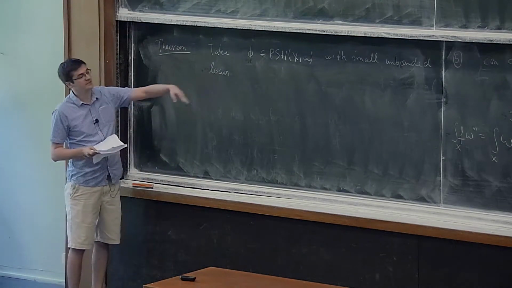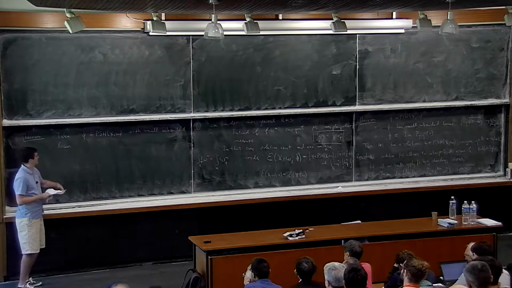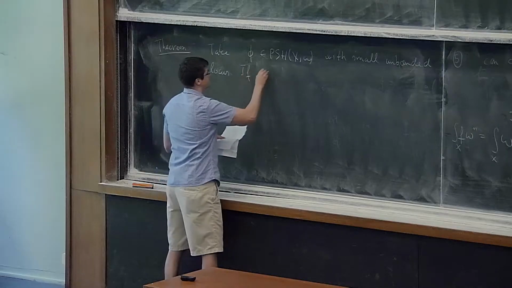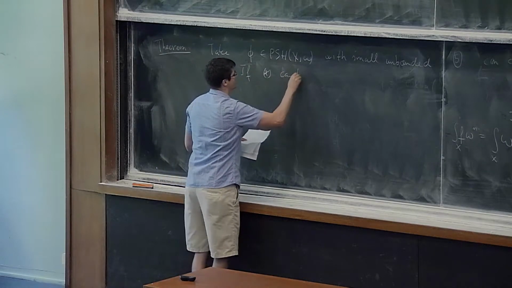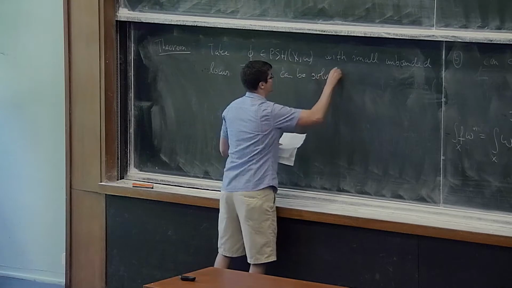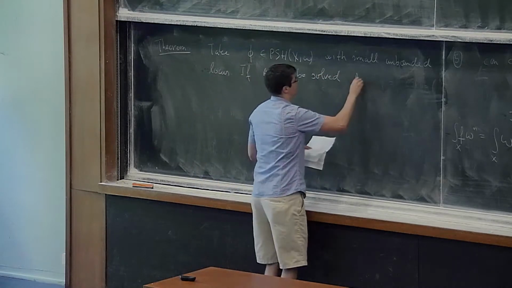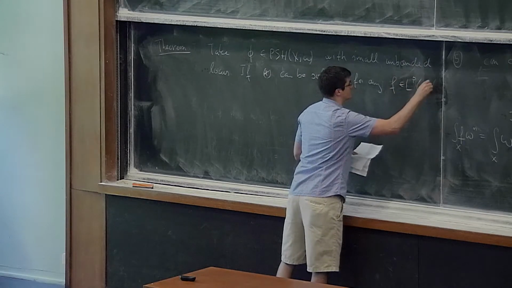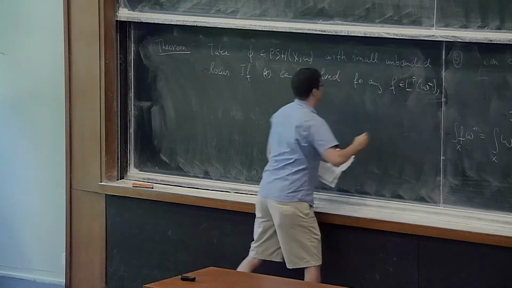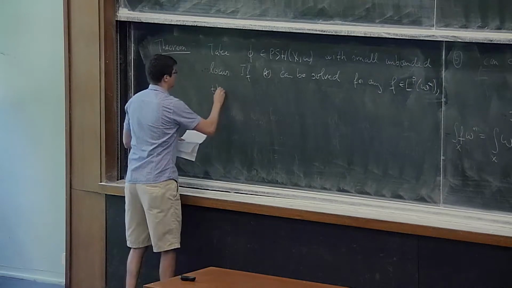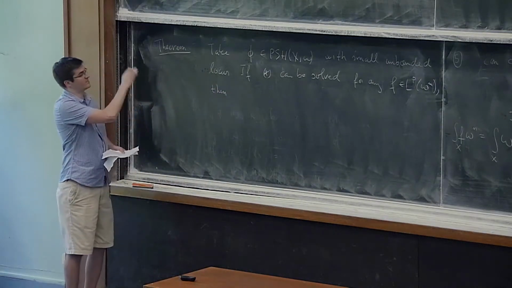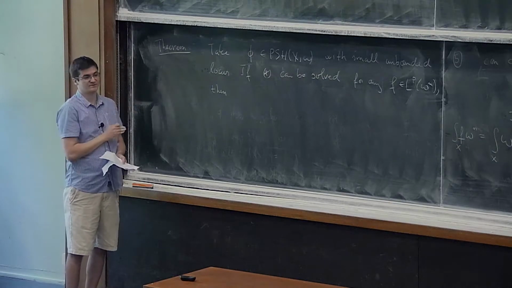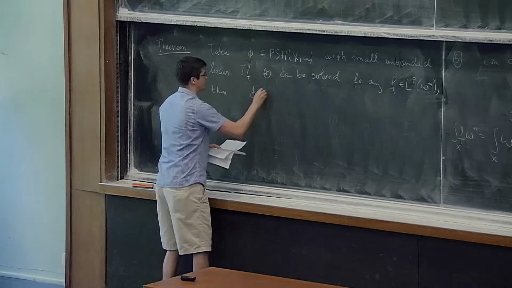So if star can be solved for any f in L^p, of course with the right normalization condition, so if star can be solved for any f in L^p ω^n, then the singularity type of phi has to be from the image of the operator P with respect to singularity type.